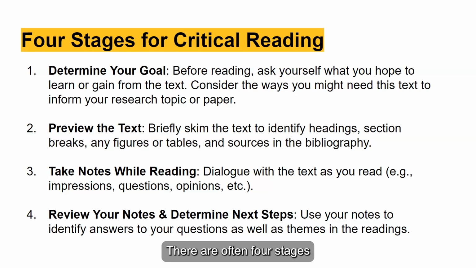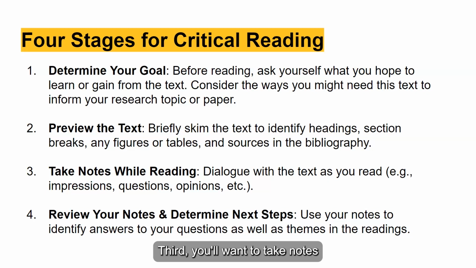There are often 4 stages to critical reading. You're going to want to first determine your goal. Before reading, ask yourself what you hope to learn or gain from the text. Consider the ways you might need this text to inform your research topic or paper. Then you'll want to preview the text. Briefly skim the text to identify headings, section breaks, any figures or tables, and sources in the bibliography.